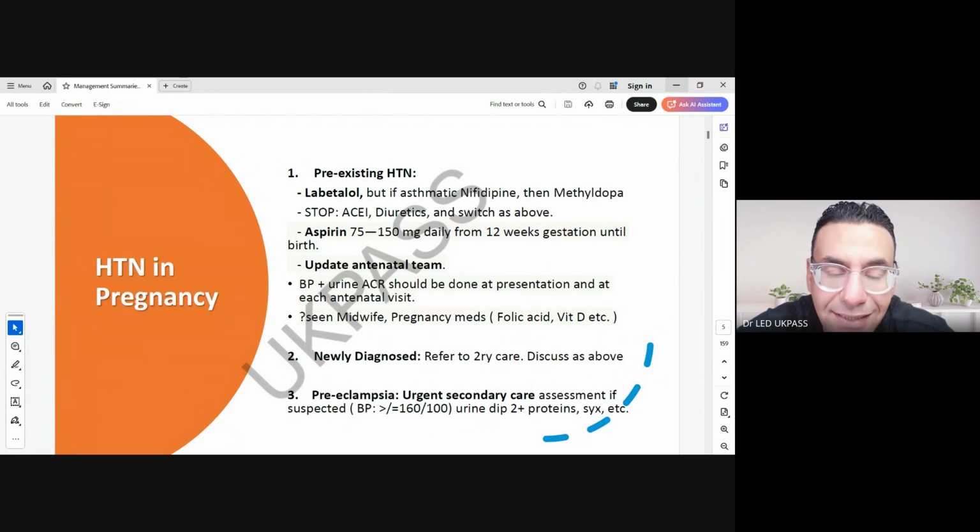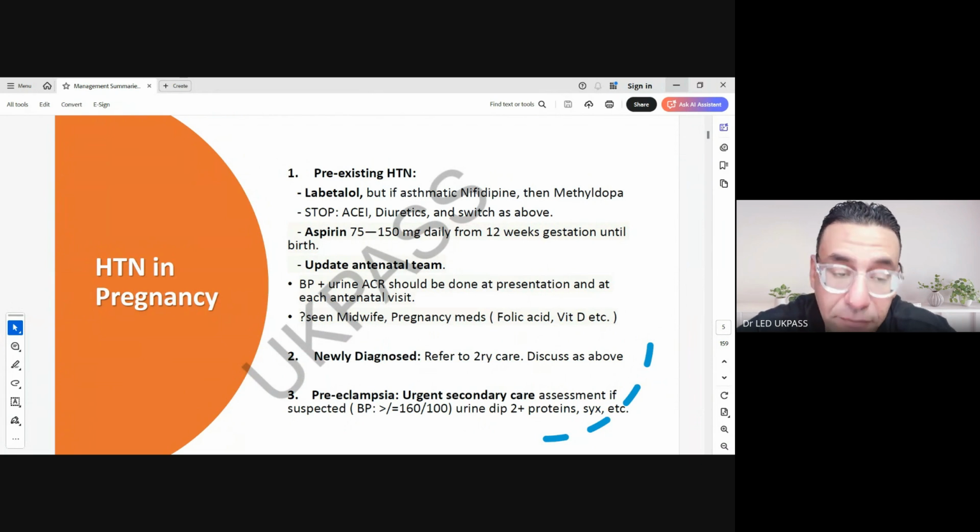If the patient has pre-existing hypertension, you should treat the patient as a normal patient in clinic, meaning you can take the lead and start treatment. However, you need to inform the midwife and secondary care about this patient because they need to arrange follow-ups as well.